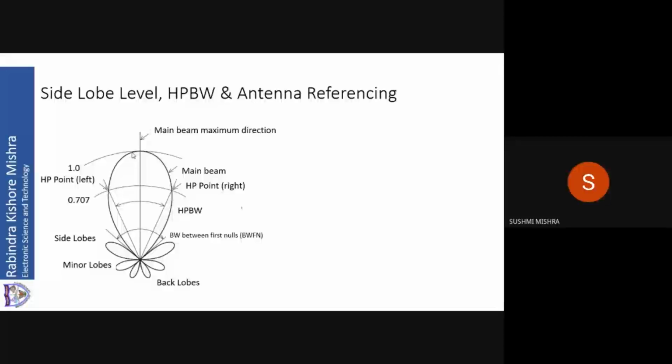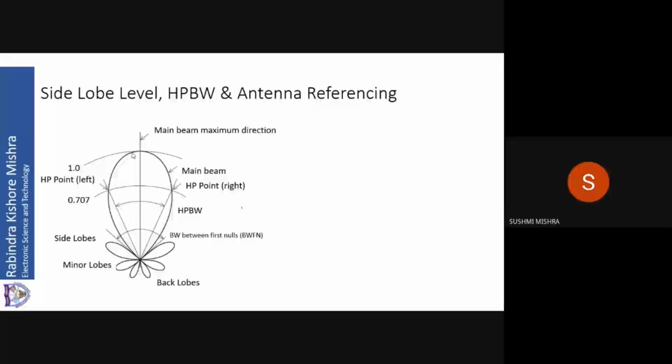So for the main lobe you have maximum power, then that decreases and goes down to a minimum value which can be 0, then it again increases and comes to a peak value which is less than the maximum power of the main lobe. Then again it goes down to a minimum value. That forms the side lobe.